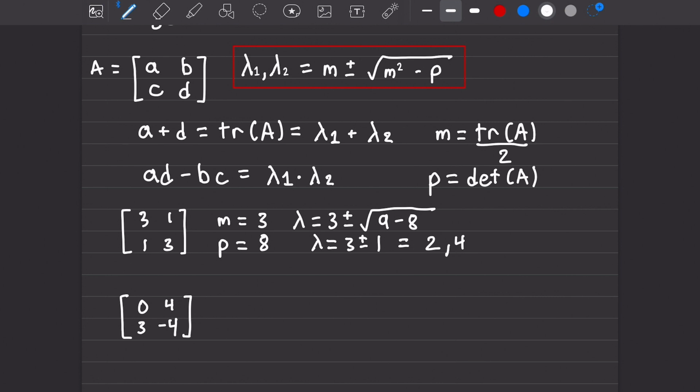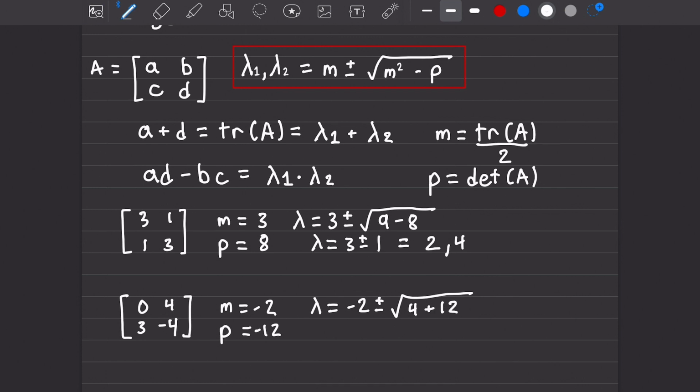Okay, so the M, right, in this case, our average is going to be M equal to negative 2, and then the P here, right, 0 times negative 4 is just 0, so then we're just subtracting 12. So in this case, our P is just negative 12. Like before, we're going to say that lambda is equal to M plus or minus square root of M squared, and this time we have minus negative 12, which is the same thing as adding 12, right?